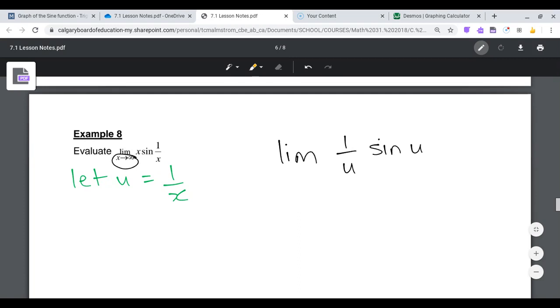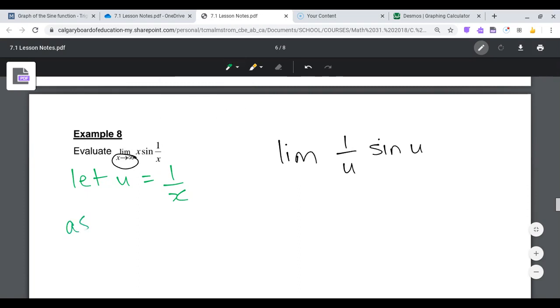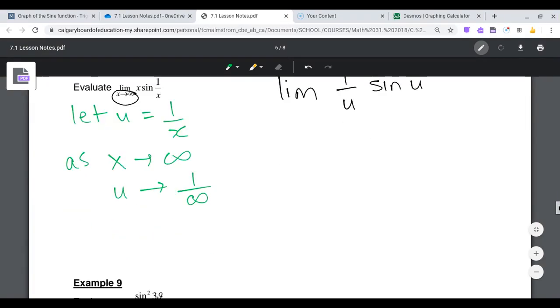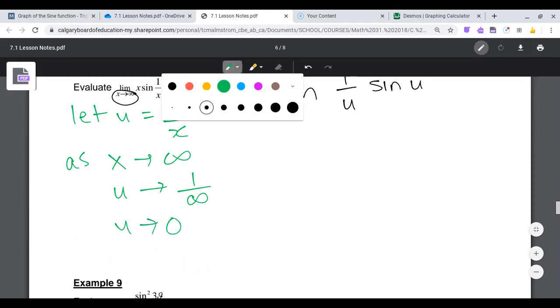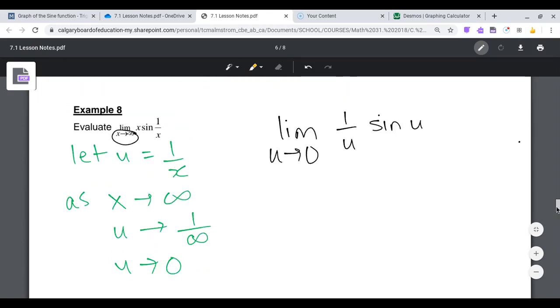If I think about as x approaches infinity, what's going to happen to u? Well, then u is going to approach 1 on infinity. 1 on a very big number actually goes to 0. So u approaches 0, which is exactly what I need for this to match my fundamental trig limit.